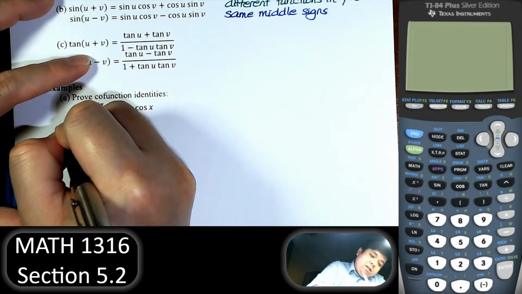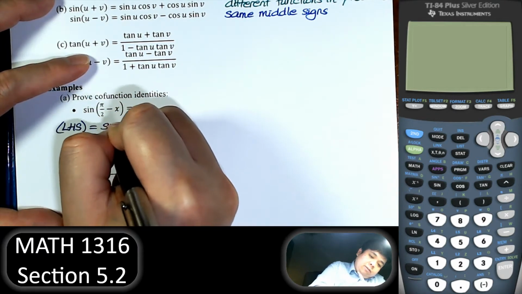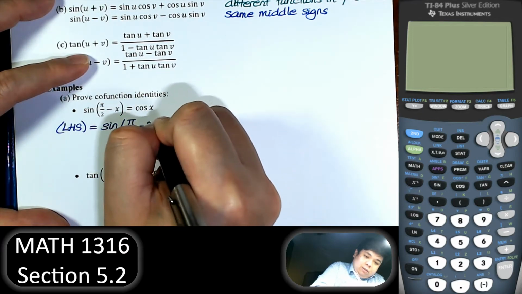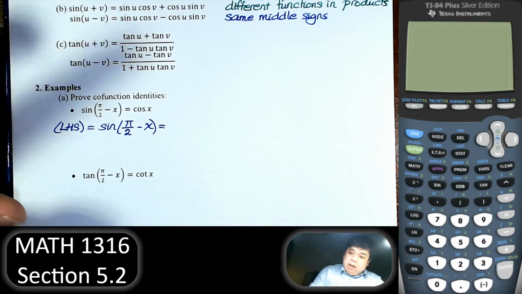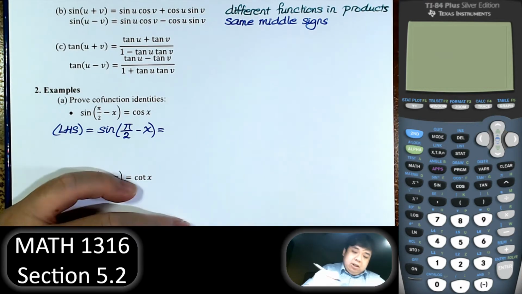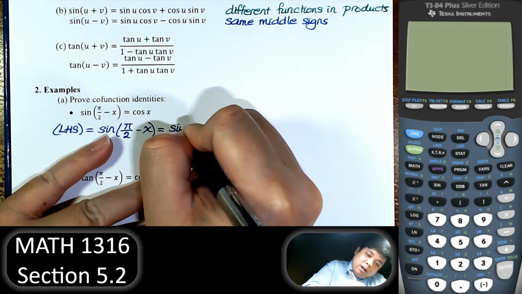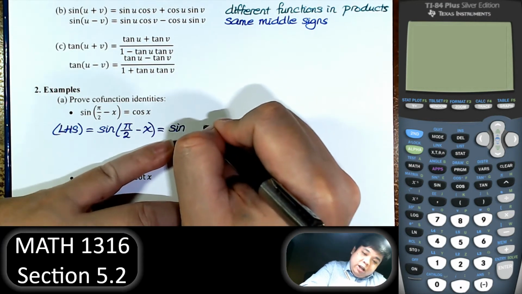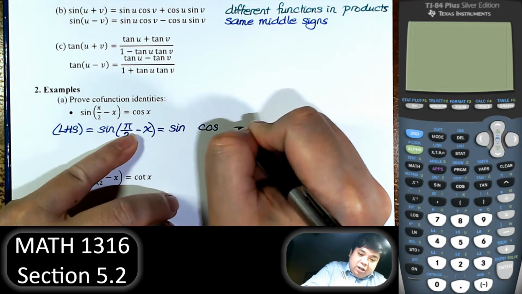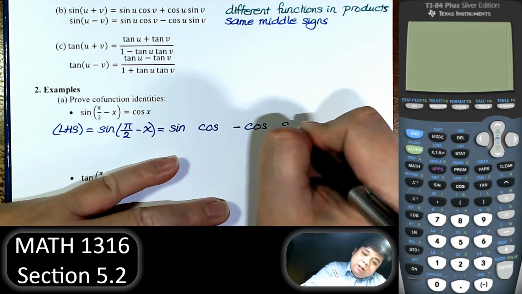Right, but if we want to prove something like this, let's start with the more complicated side, the sine. Now, according to that identity, sine will be a product of different functions. So we start with sine, cosine. The sign in the middle will be the same, and then cosine, sine.